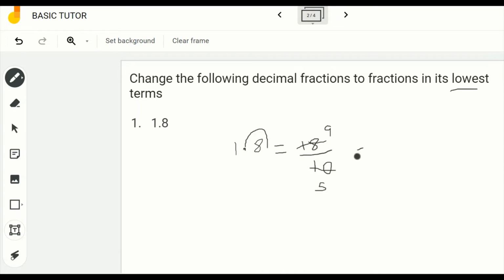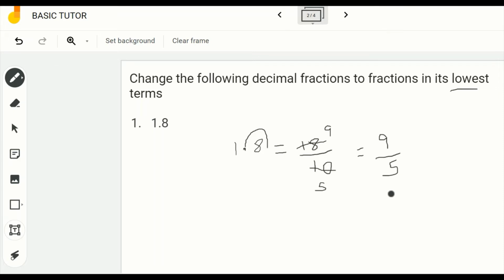So I'm left with 9 over 5. This is the lowest term because no other number can be able to divide 9 and 5. So 9 over 5 is my lowest term.